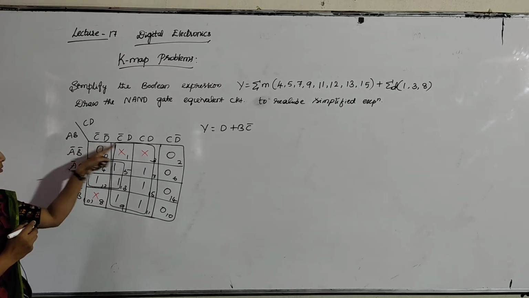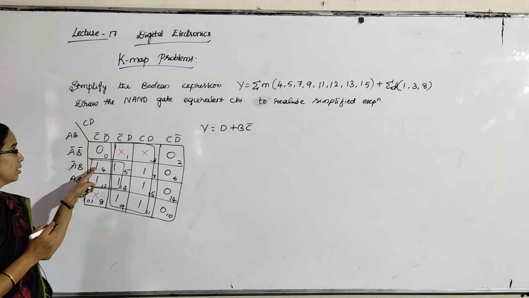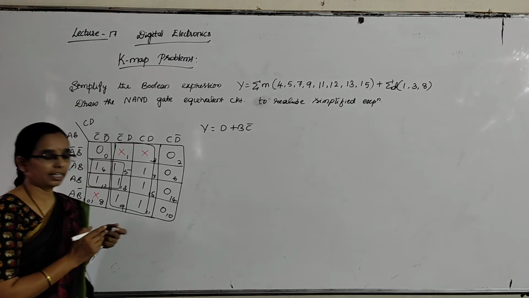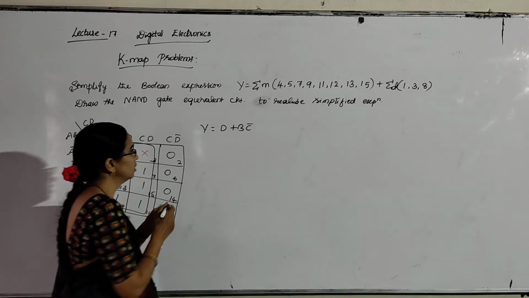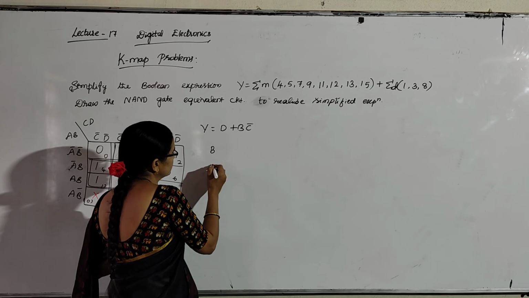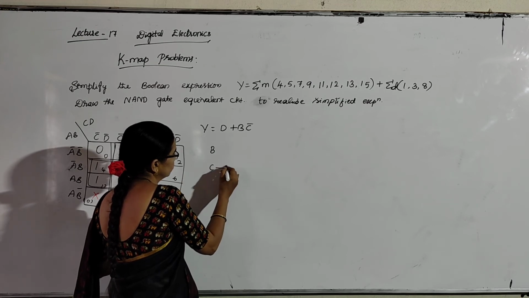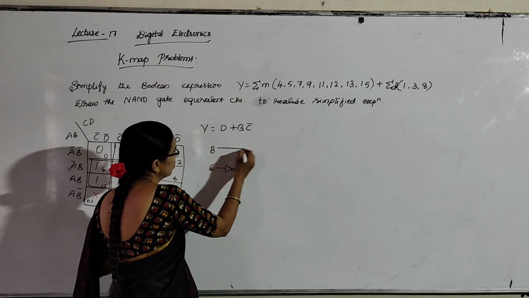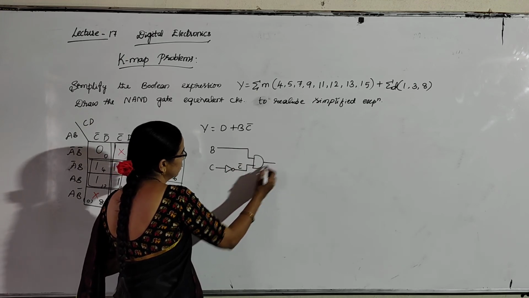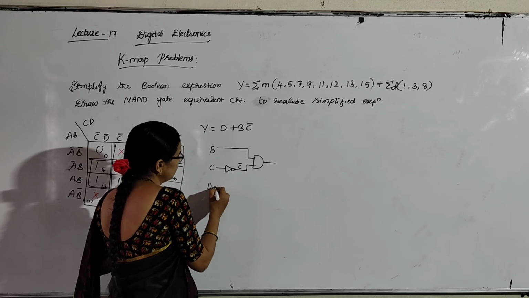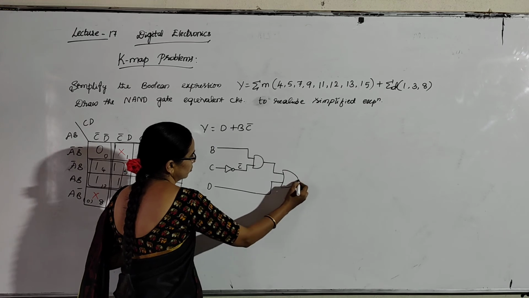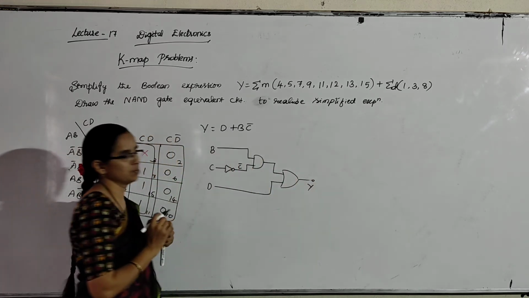Here B is common, and in between these two C bar is common, and in this octet we can tell it is only D. So draw the circuit using basic gates: B and C bar are ANDed and D is directly taken. We will get the expression.